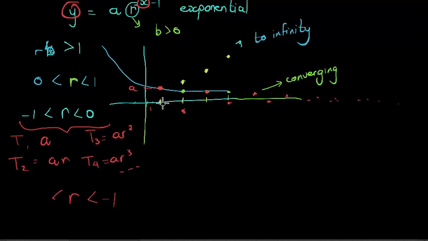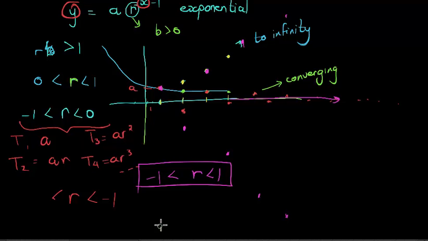It will start at a, but the next one will be bigger, and then there, and then there, and there. So do you see it's still going to infinity, so it's still diverging. So the only time it converges, the only time it's approaching a limit, is when my r is less than 1 and greater than -1, a constant ratio.